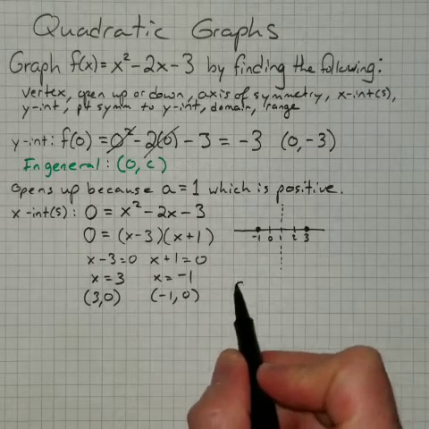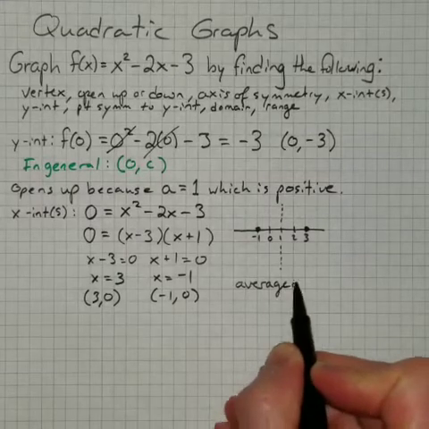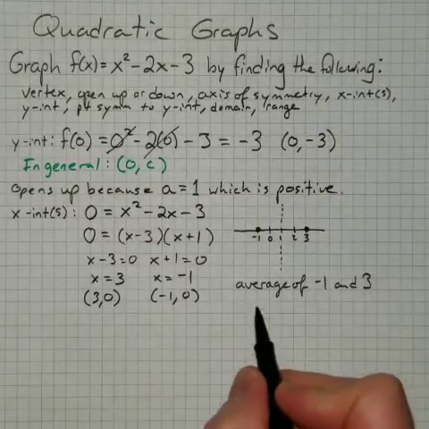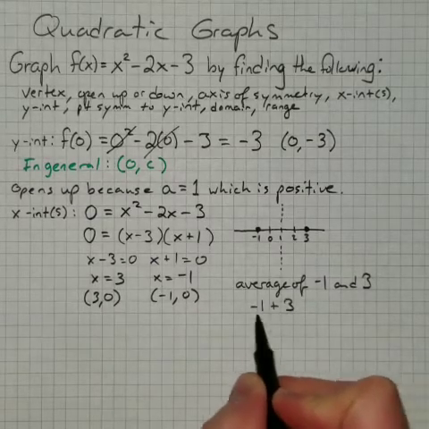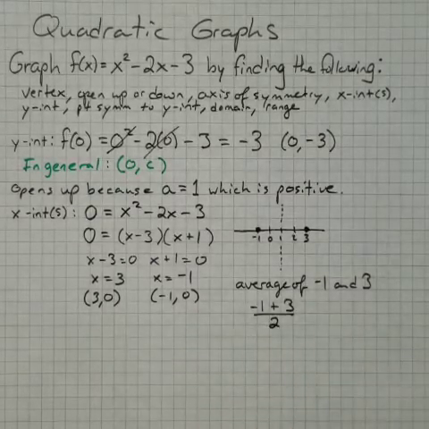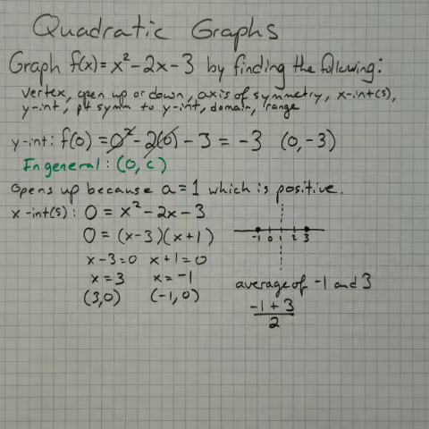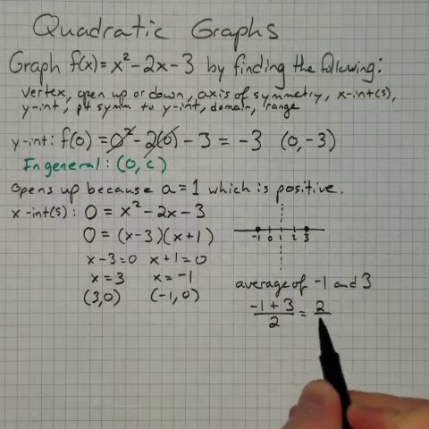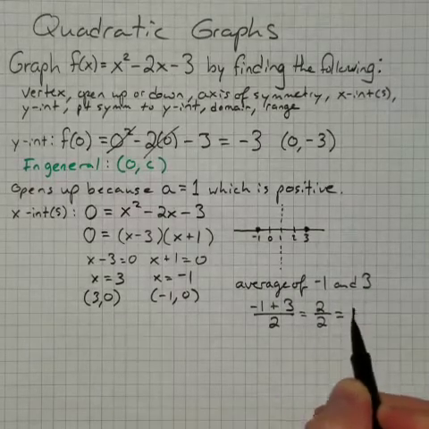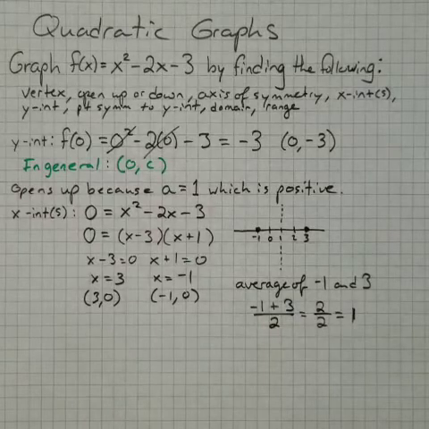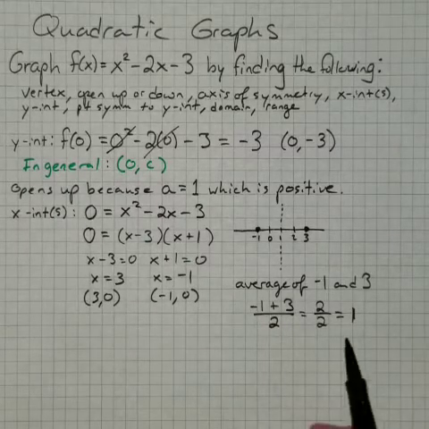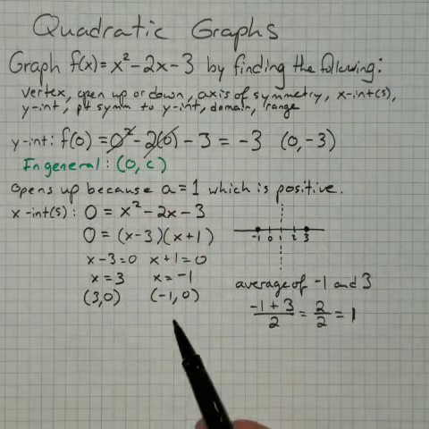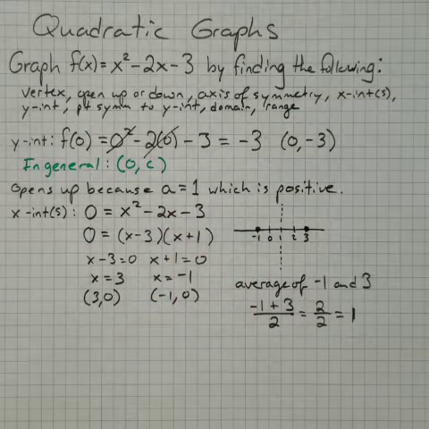So the average of -1 and 3: you just add the 2 numbers together and divide by the number of numbers. That's how you take an average in general. So -1 plus 3 is 2, and 2 over 2 is 1, and that's the number we're looking for. So you can always find the axis of symmetry by using the average of the 2 x-intercepts.